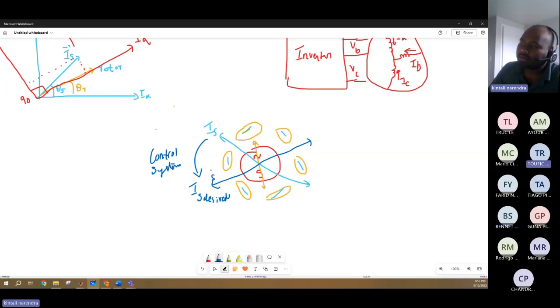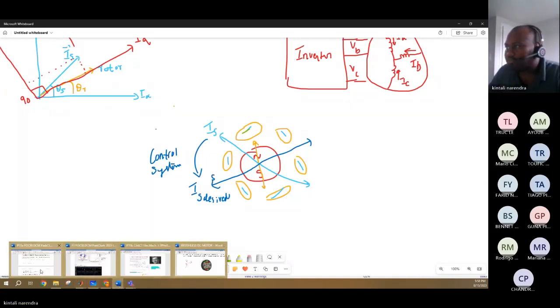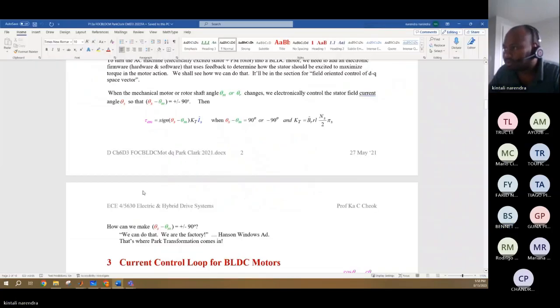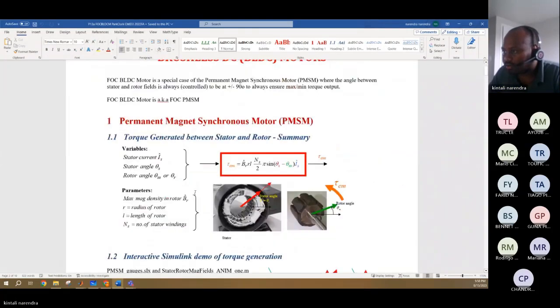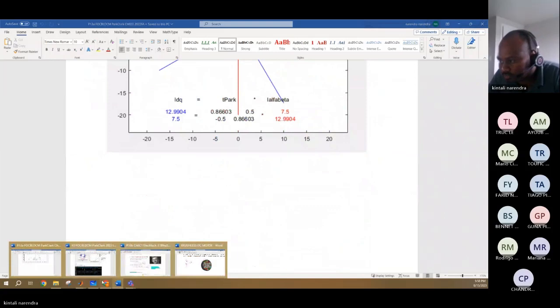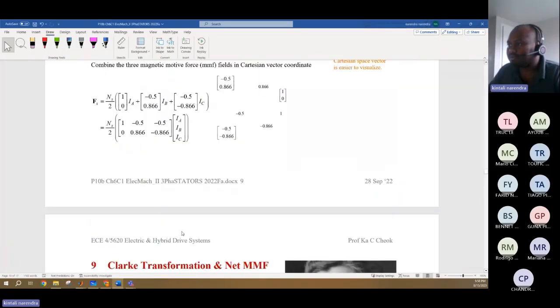I'm only speaking about currents because I'm controlling the current, by which I'm controlling the north pole and south pole, because the magnetic field depends upon the current flowing through it. So if you observe this picture, this one, the derivation which we did.